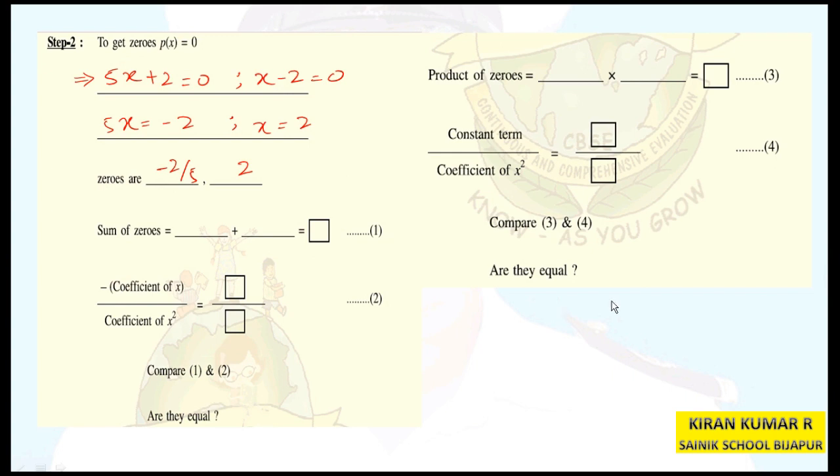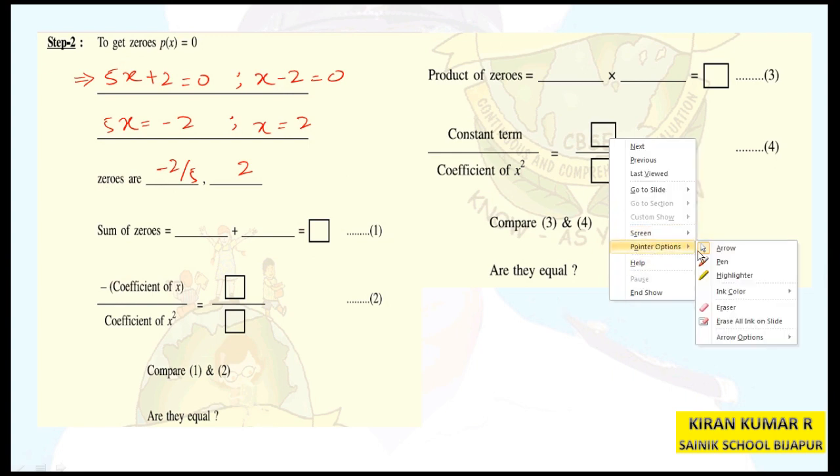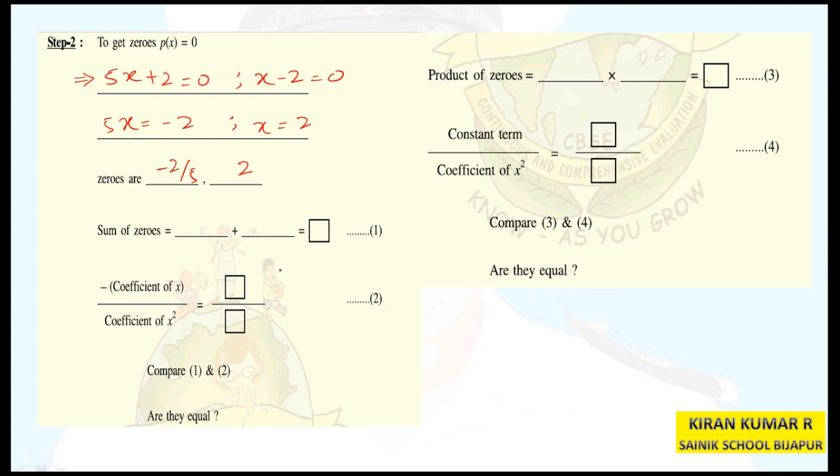Now you find out the sum of the zeros. What will be the sum of the zeros? It is the sum of minus 2 by 5 and 2. The LCM is 5. If 5 is the LCM, we will be getting minus 2 plus 10 in the numerator, which will be positive 8 upon 5.